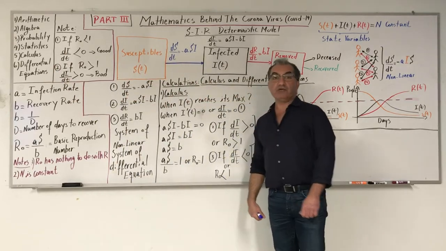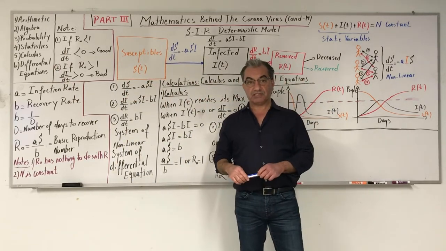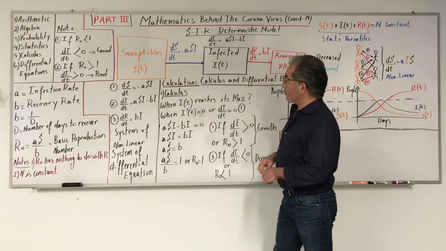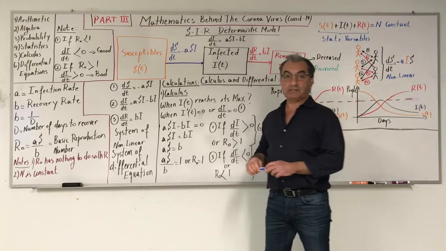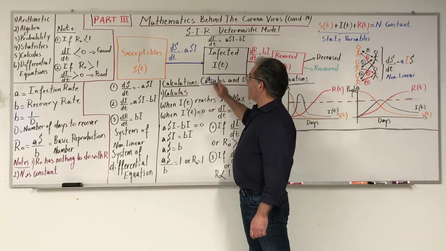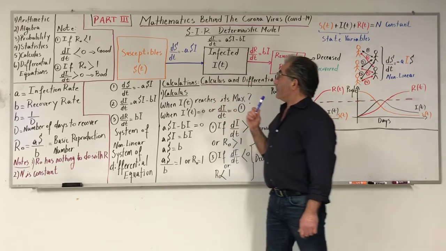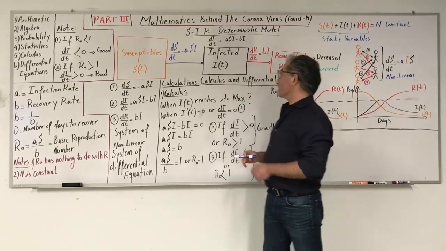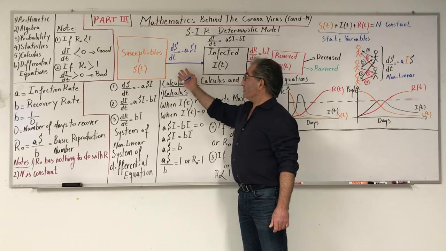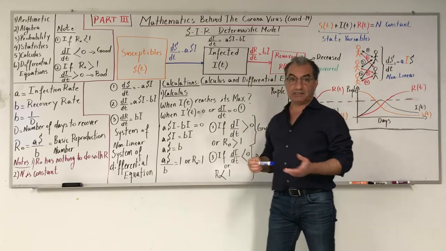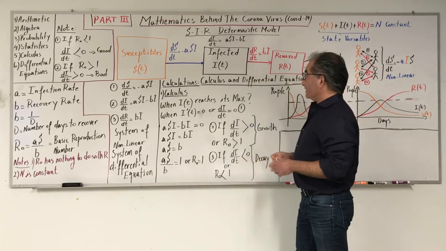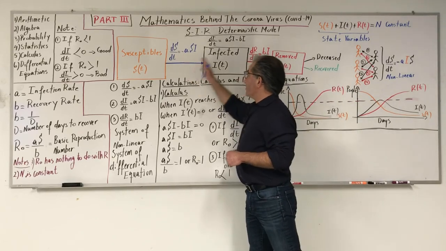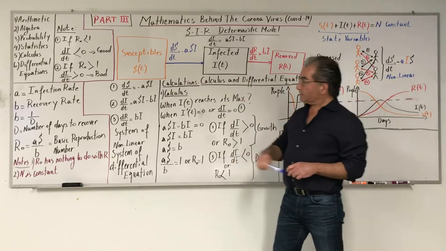In the first two lectures I tried to explain this by using arithmetic and algebra to show how these people are getting infected. Just to refresh your memories if you have seen those lectures: in a community, it could be a country, a city, or a state, people are divided in three parts or three compartments.